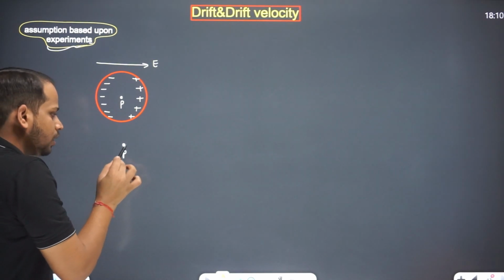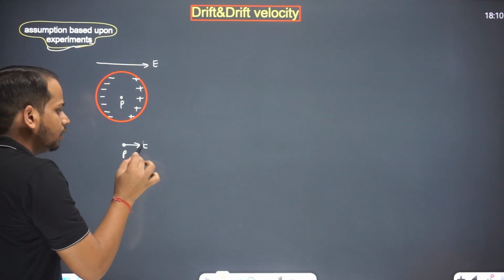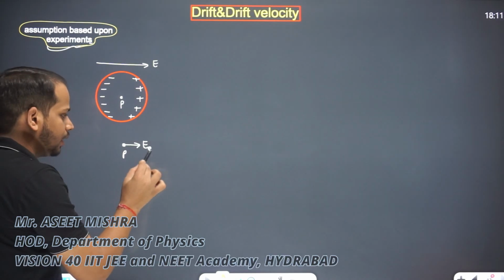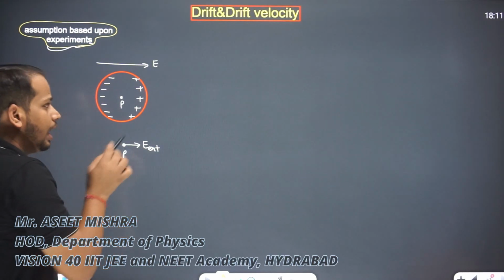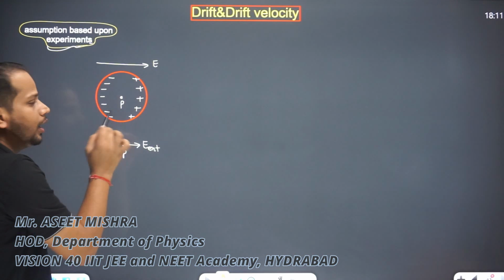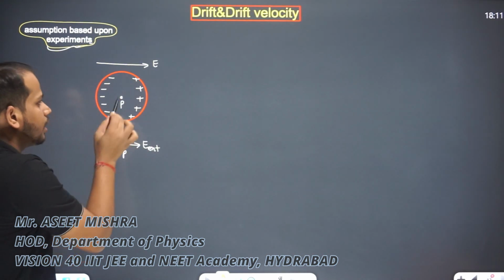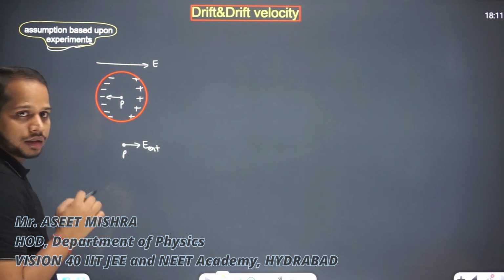At point P there is an electric field that we have applied. I am saying E external, right? And there are also the charges accumulated over here. So due to these charges there is another electric field here, right?